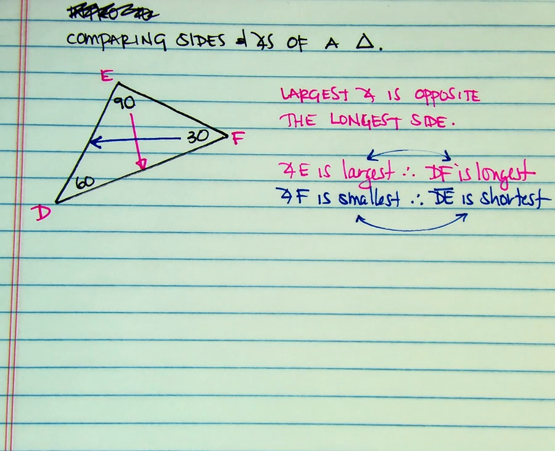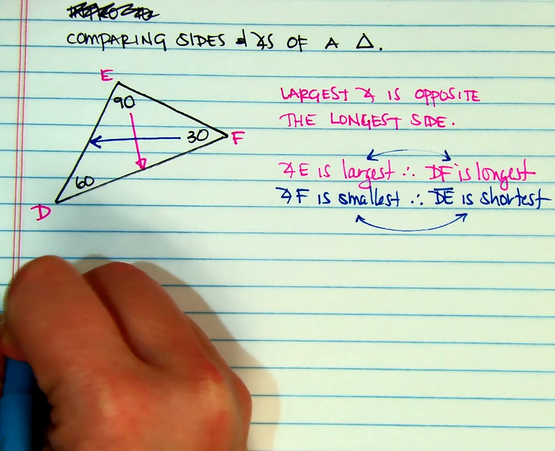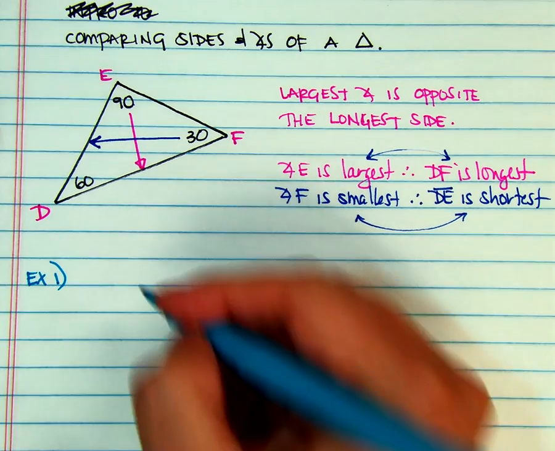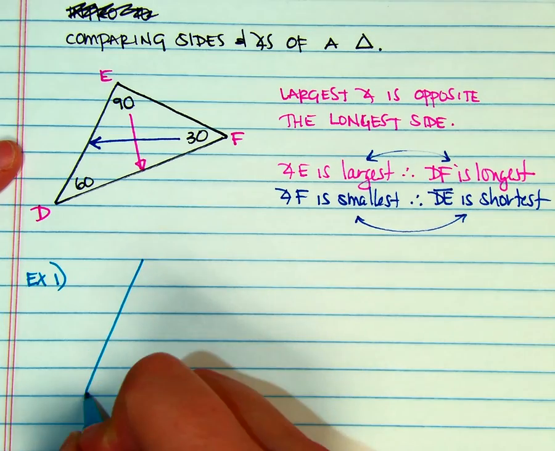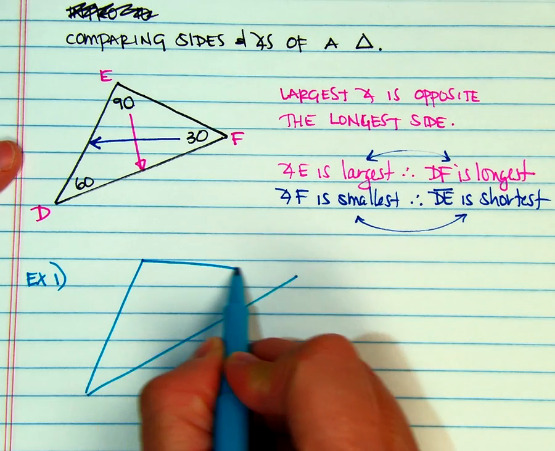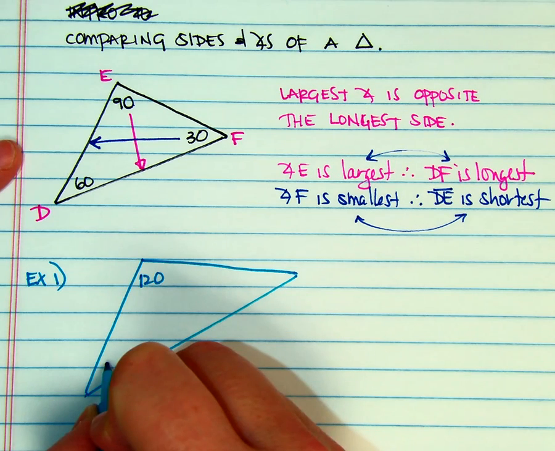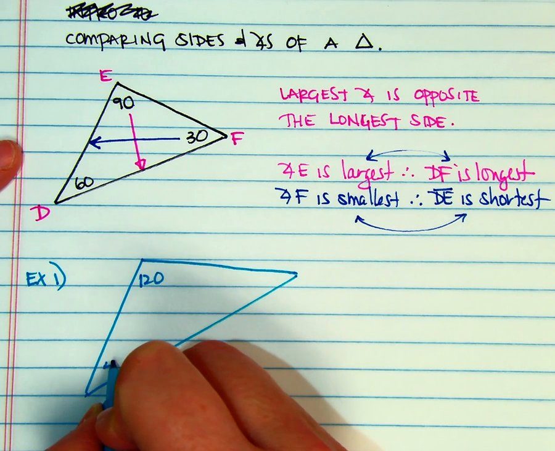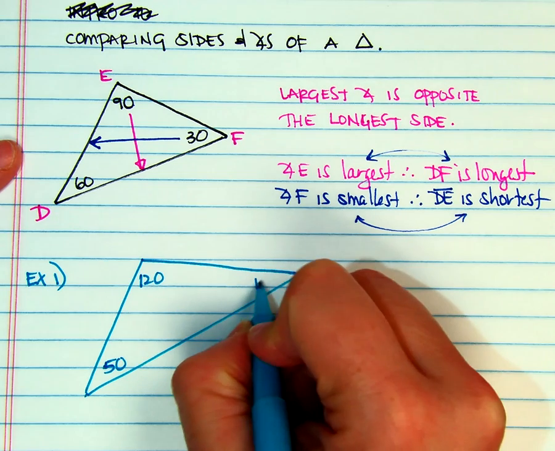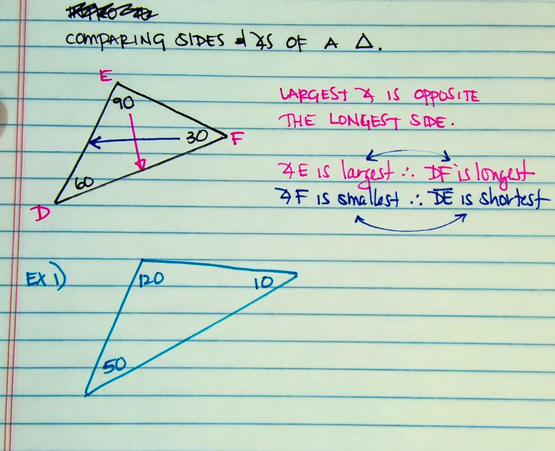So if I have a diagram, we'll do this as example 1. It's 120, 50, and 10.